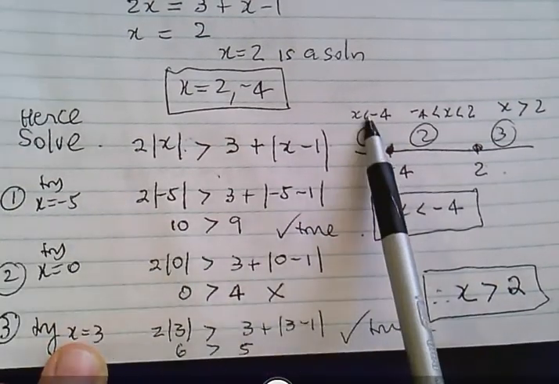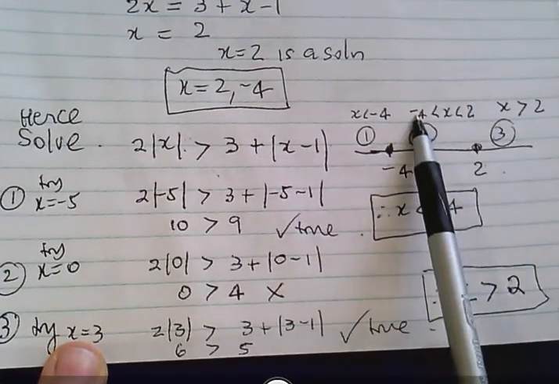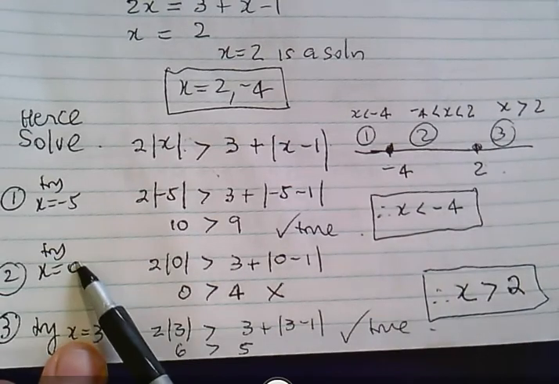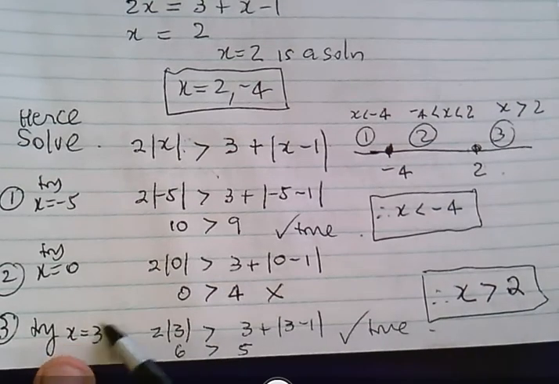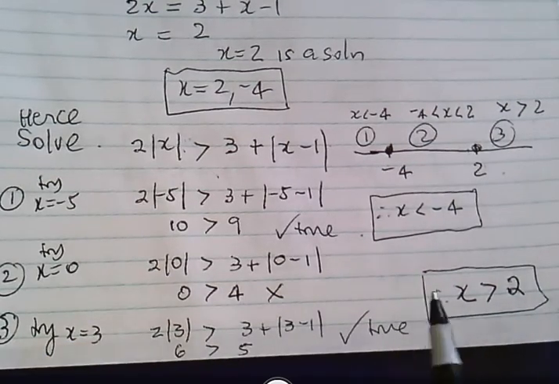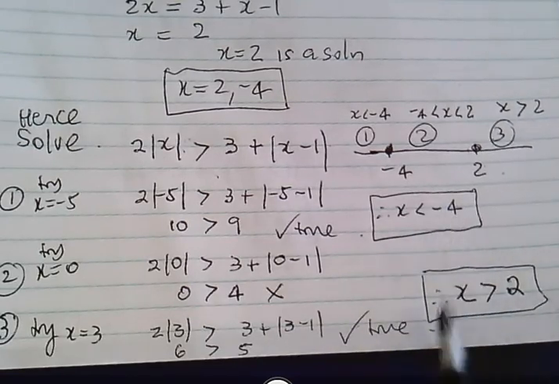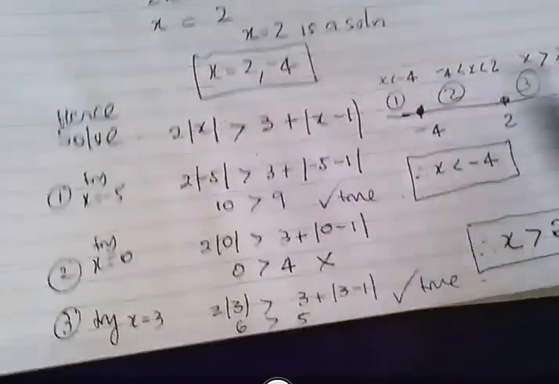In the second one, the region that I want to try is from -4 to 2, so I tried x is 0. And in the last region, x has to be any value greater than 2. I tried x equals 3, and I found that it worked.